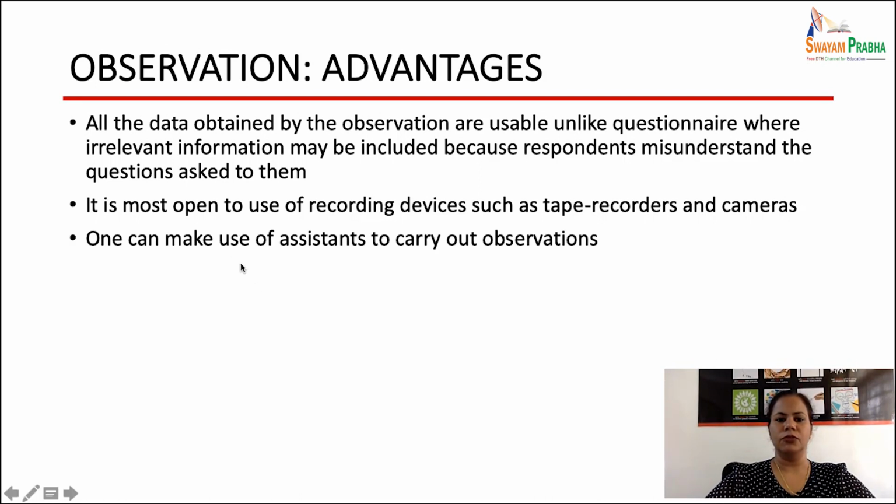And one can make use of assistants to carry out observations. If you have trained the observers or assistants, and you have developed structured observation schedules, then you can use assistants and get reliable information through them.